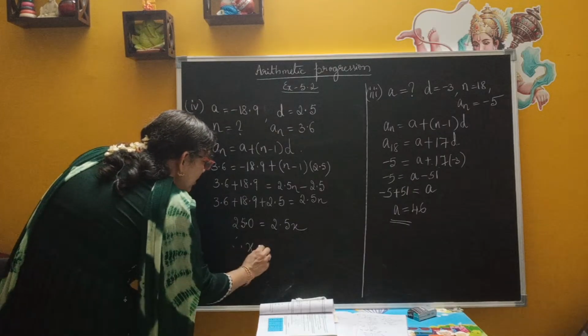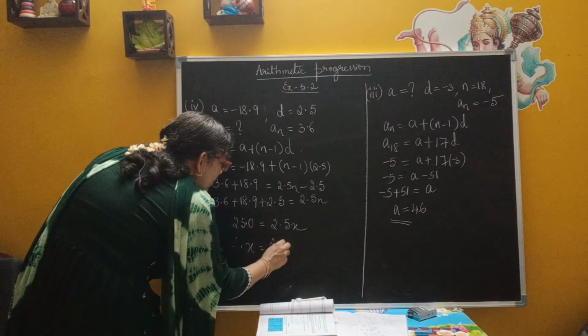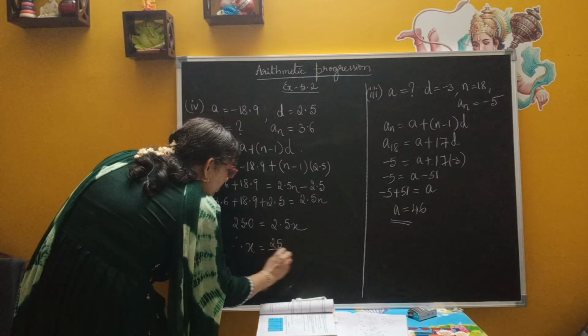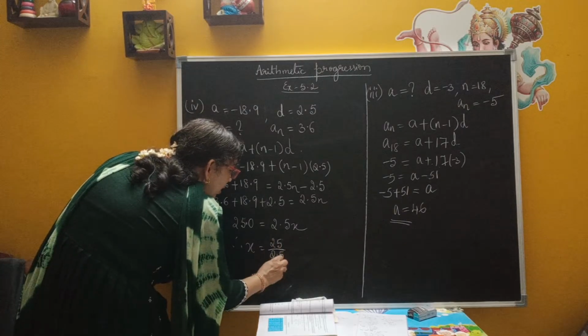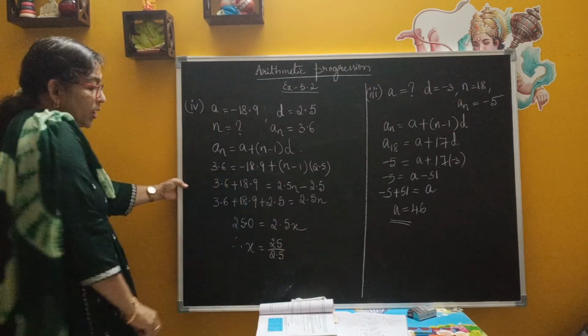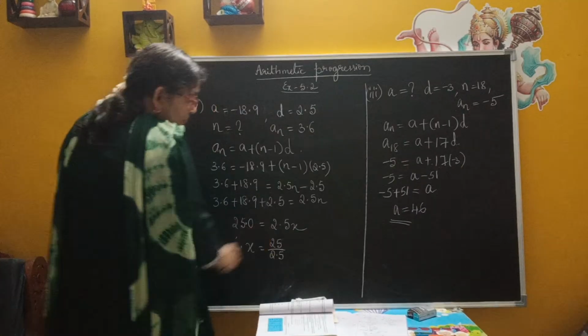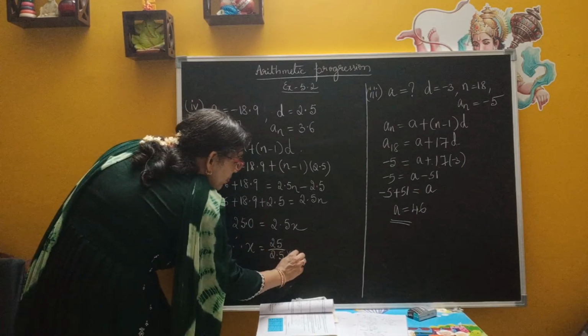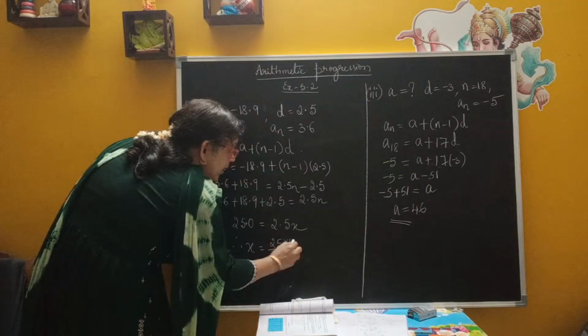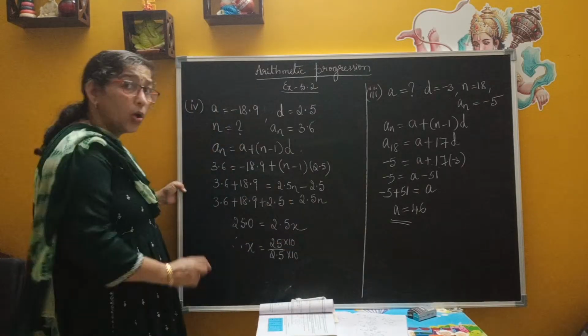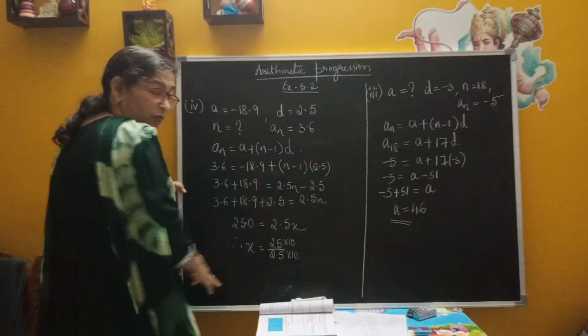Therefore n is equal to 25 by 2.5. How can you simplify?